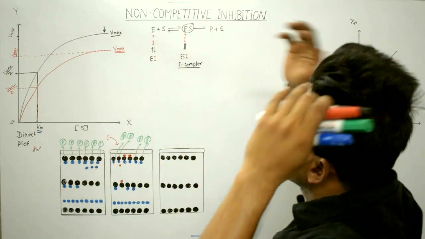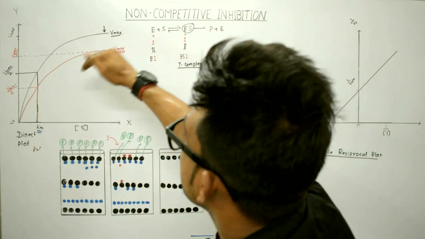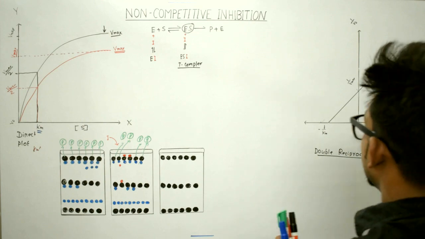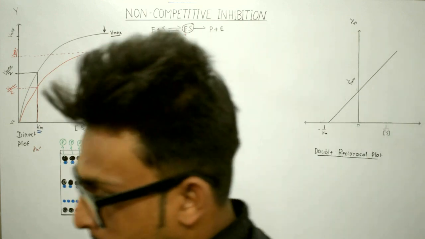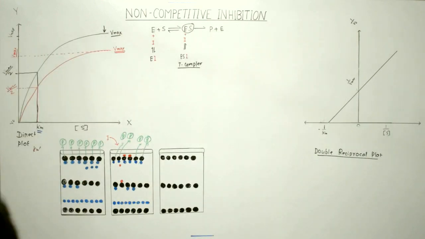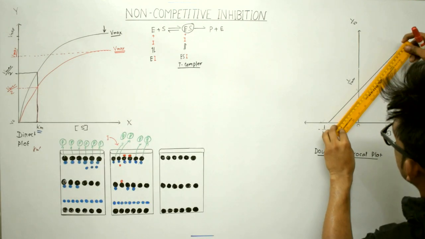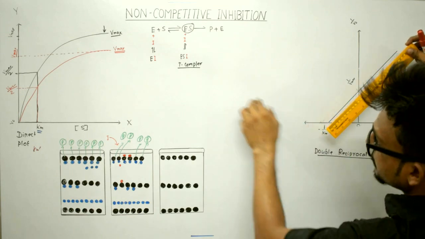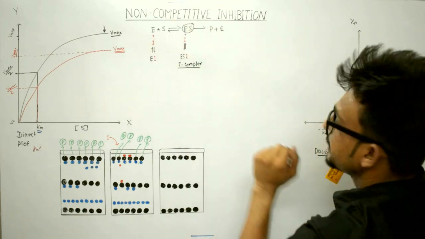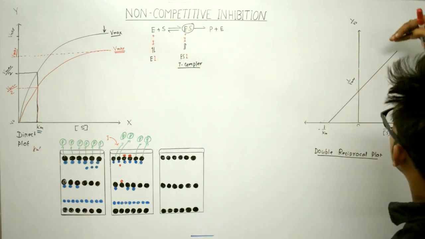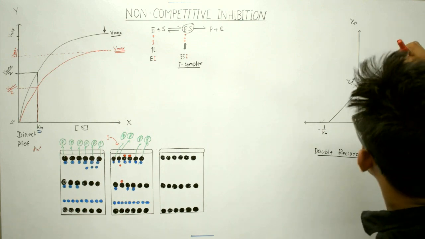Now if we want to see such kind of inhibition in the double reciprocal plot, then we can see that Km will not change, but you see the Vmax is getting decreased. So the line will always be above this normal line.